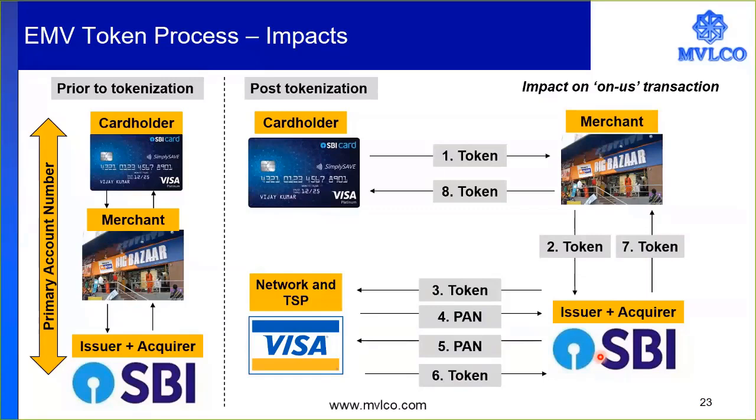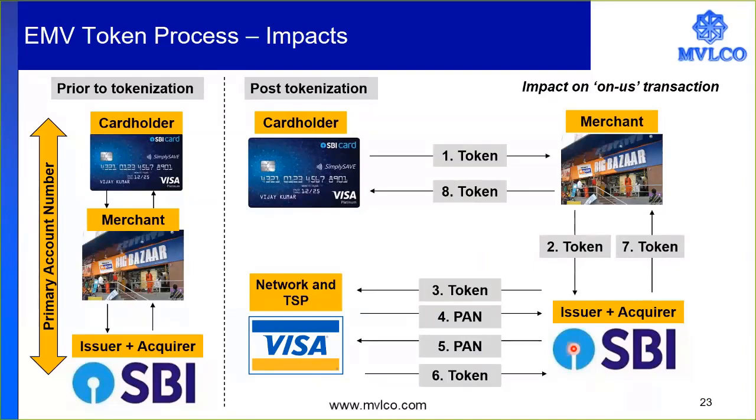So whenever a token comes at this stage, they are able to identify that this card belongs to them. And based on the mapping, based on the de-tokenization done by the banks themselves for cards issued by them, they are able to avoid all this process flow. That is how some of the big banks have done so far.